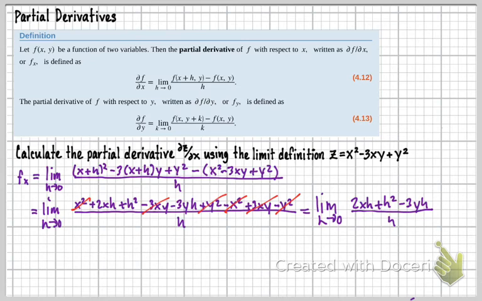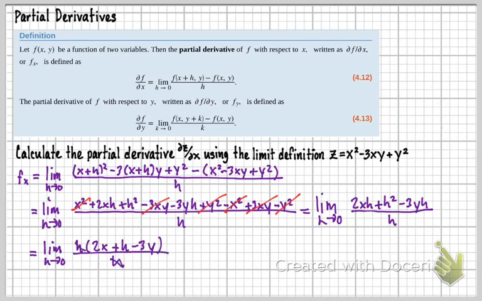Now what I'm going to do is factor an h out of the top, because that's all I can do with the top, is factor an h out. So that equals the limit as h goes to 0 of, and if I factor that h out, that's going to be 2x plus h minus 3y all over h.